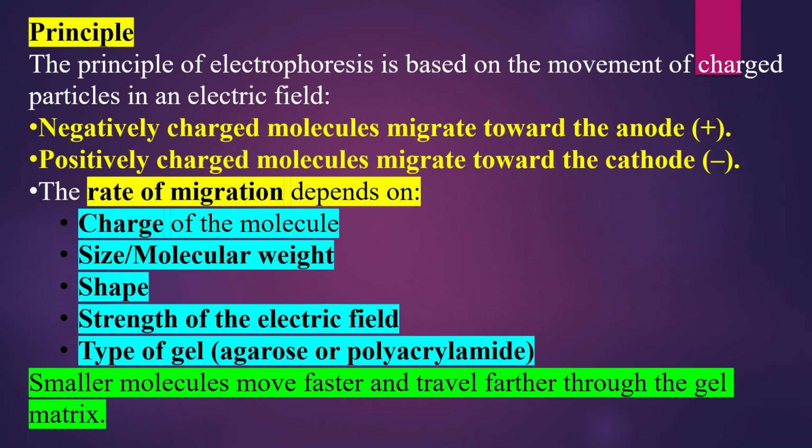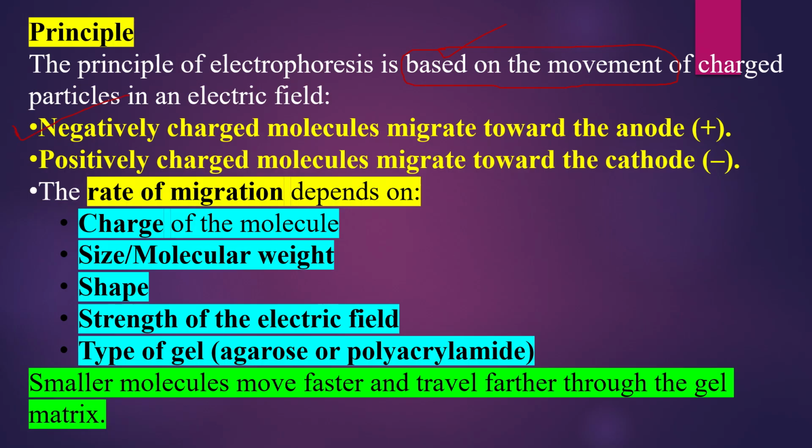Okay. Now, as I said, the charge is the factor that affects the migration of the molecule. So, the movement of the charged molecule is based on the charge of the molecule. For example, DNA is negatively charged due to the presence of phosphate group in it, right?